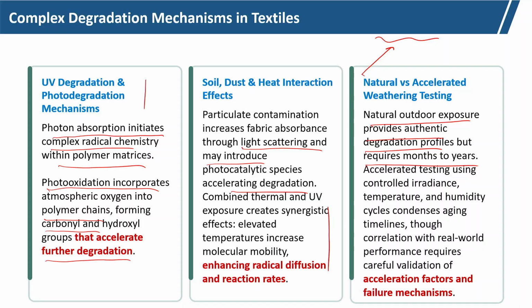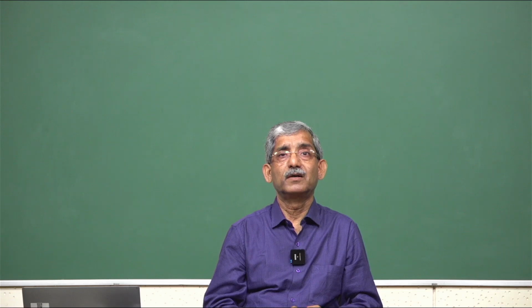If we want quick results, accelerated testing is there, where the proper UV ray, proper temperature and proper humidity are kept. This gives the acceleration factors. Careful validation of acceleration factors and failure mechanisms is important.